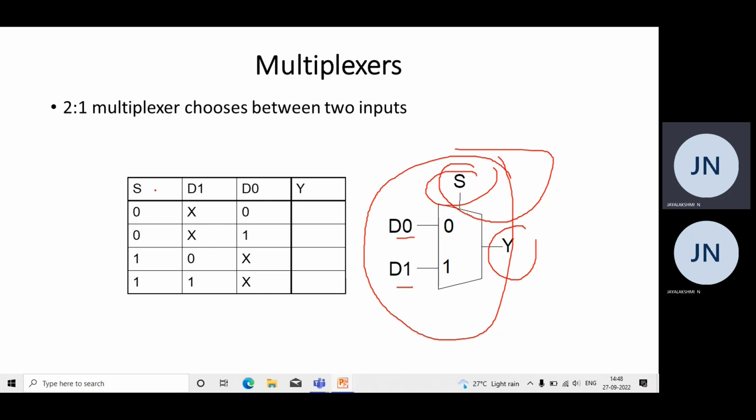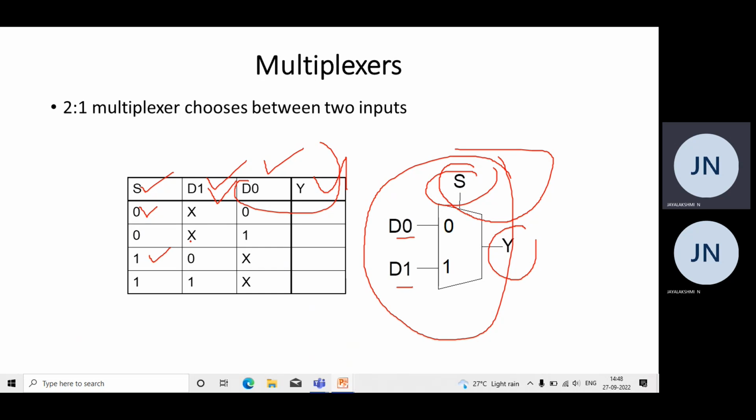Here we have the select signal, the inputs D1 and D0, and the output Y. The input D0 will be chosen when the select is 0, and the input D1 will be chosen when the select is 1.